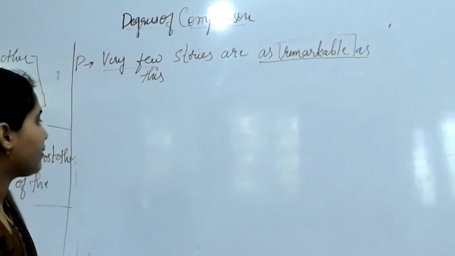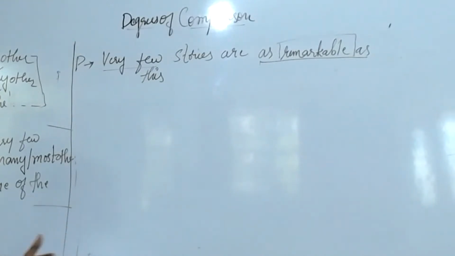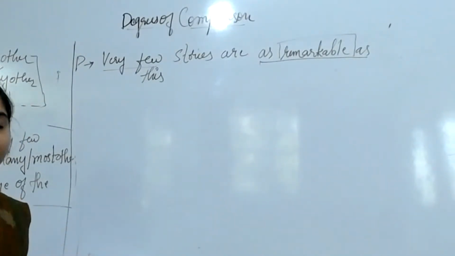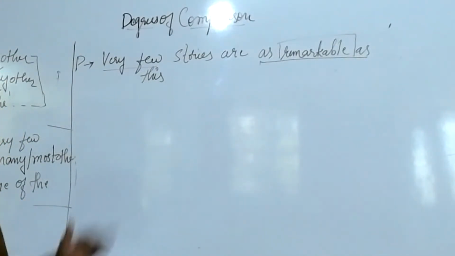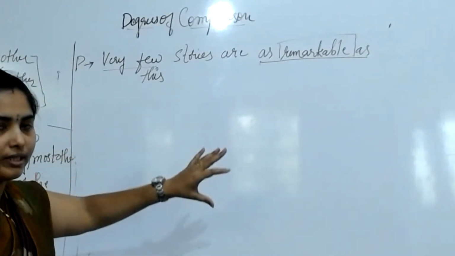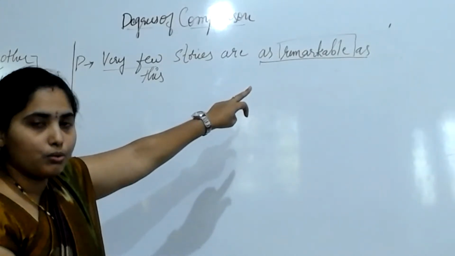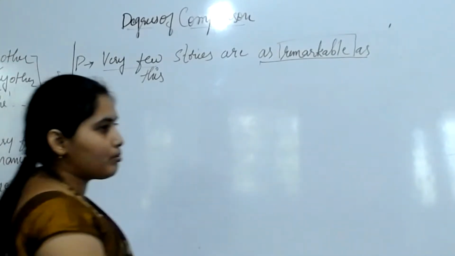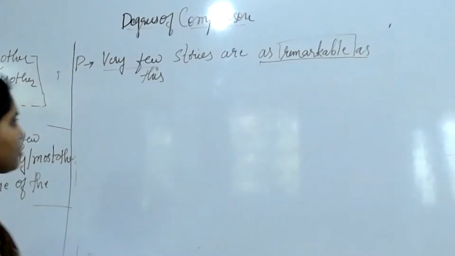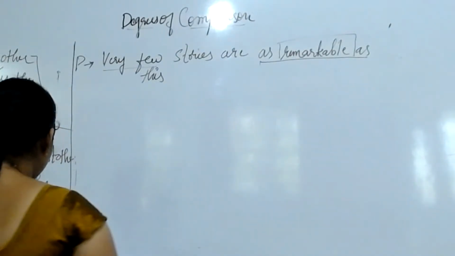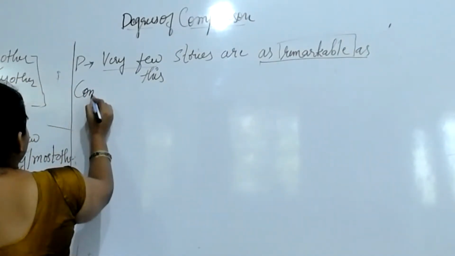Remarkable, like this. Which is the word which has more than 1 or 2 vowel sounds, that is a word with more than 2 syllables. So you have to use more remarkable and most remarkable. Now you have to change into comparative degree.